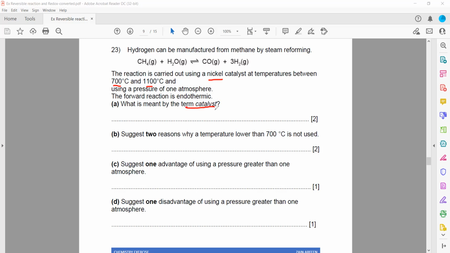What is meant by the term catalyst? So it's 2 marks. How will you score 2 marks? A catalyst is a substance which alters the rate of reaction without being chemically used up.